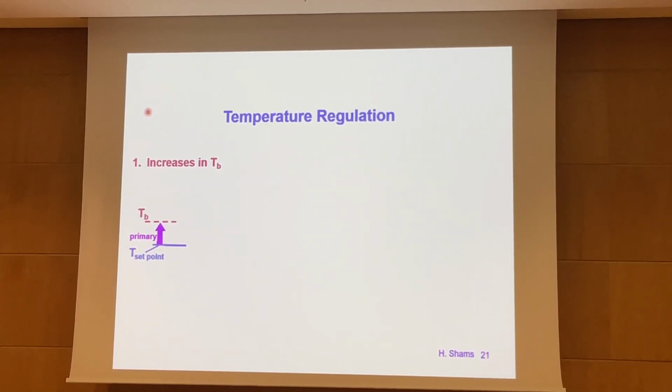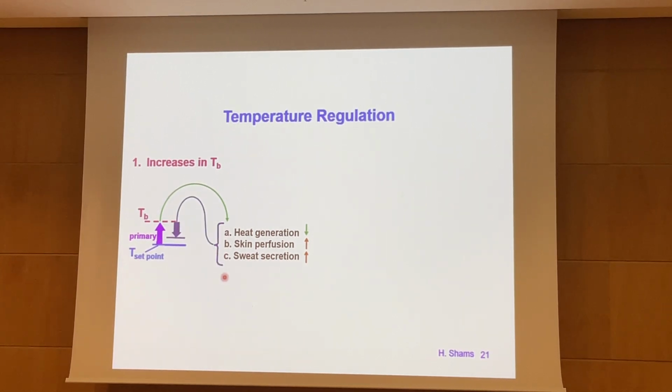Should it warm up the body or cool the body down? Cool down. And everything that you know is happening there. You see here, heat generation must reduce, heat dissipation increases, skin perfusion increases, and sweat secretion increases to cool the body down. And that brings the body temperature closer to set point temperature.